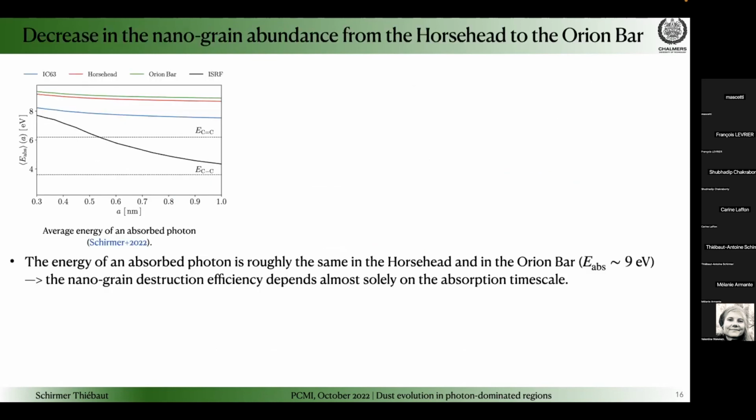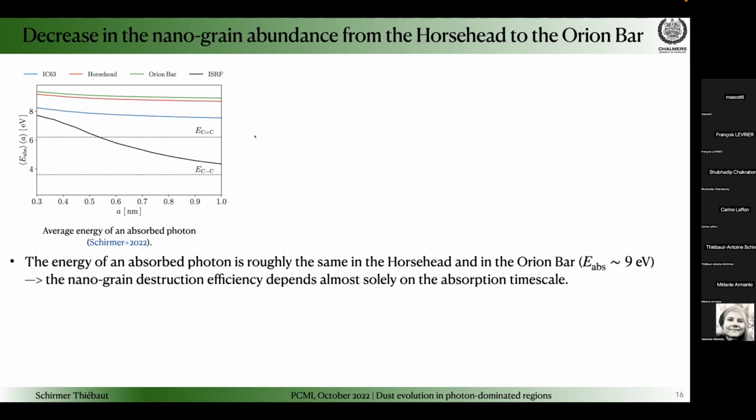And as I said a bit before, we're now going to explain the difference of a factor 10 in the nanograin abundance from the Ørsted to the Orion bar. To remind you, from the observations, we found that there are at least 10 times fewer nanograins in the Orion bar than in the Ørsted.